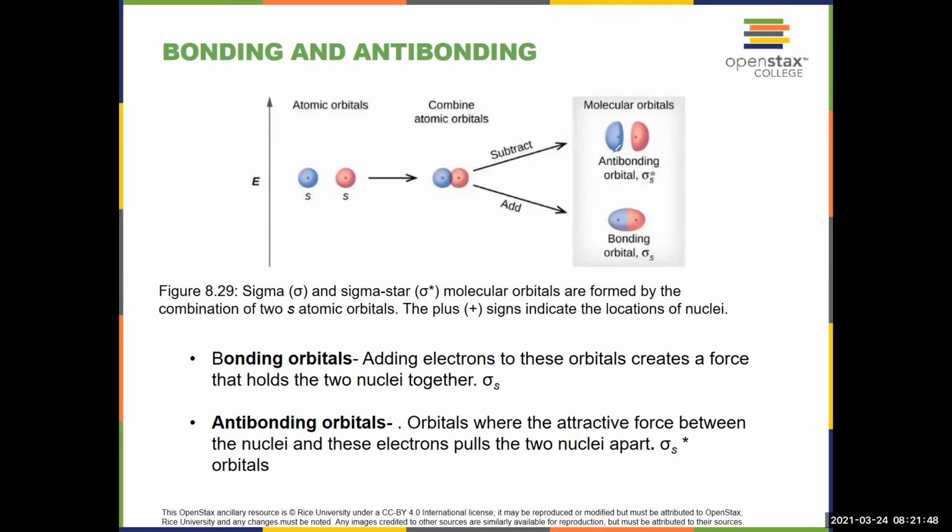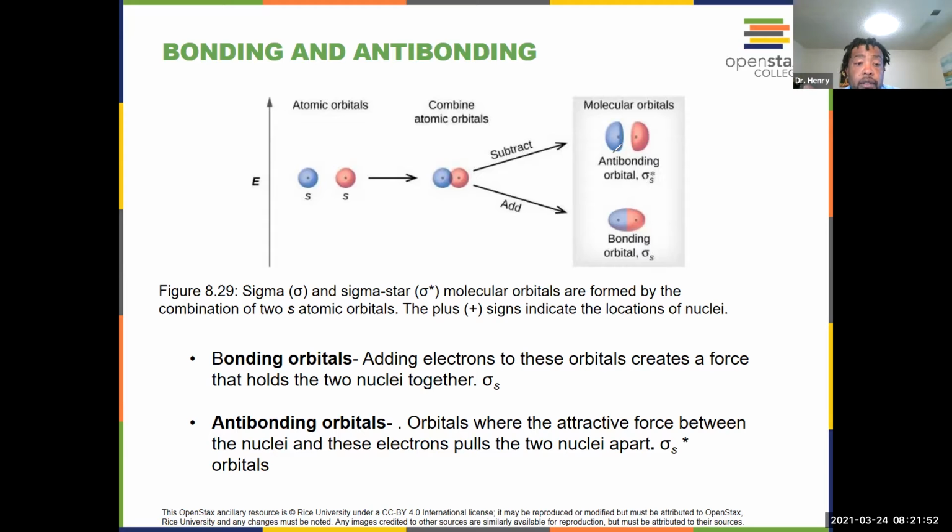Okay. So if we think about it, it's all about electrons, right? If those electrons are in phase with each other, they're going to have a force that causes them to come together. You guys remember the electrons have spin associated with them. So if one is going one spin and the other is going the other spin, those are going to be positive forces.